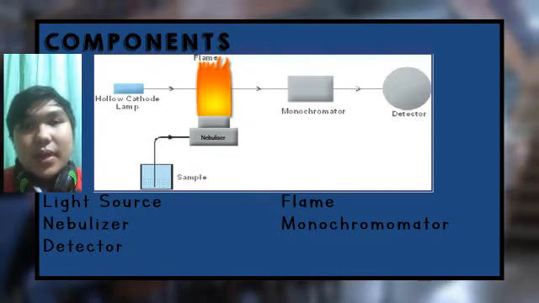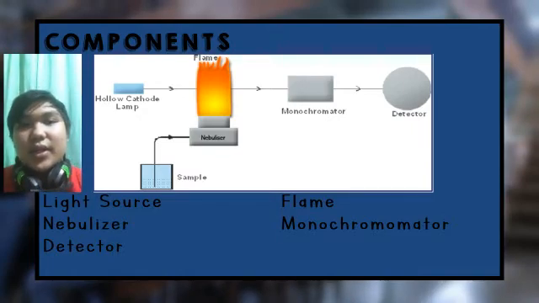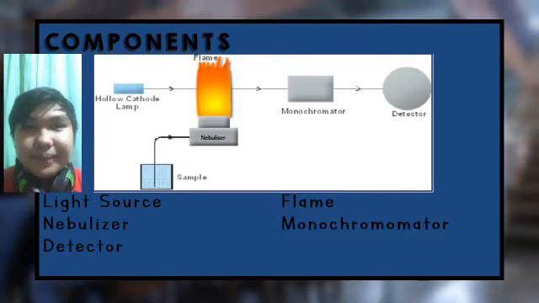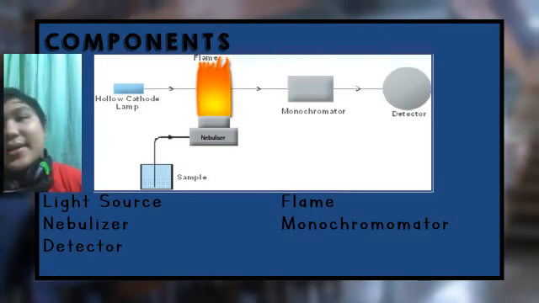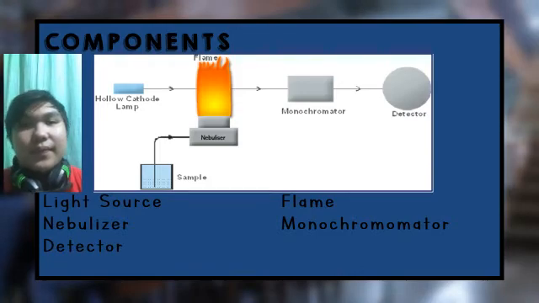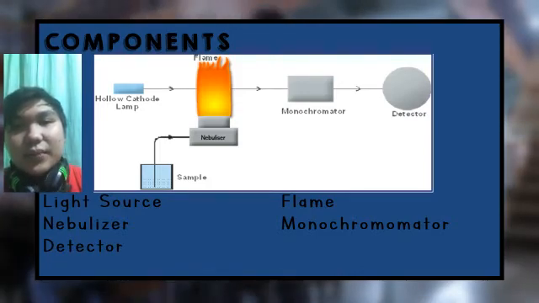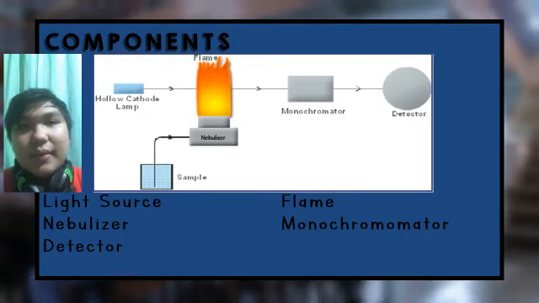The monochromator will be responsible for collecting the information, and the detector will be the one to get the results of the atoms being isolated.